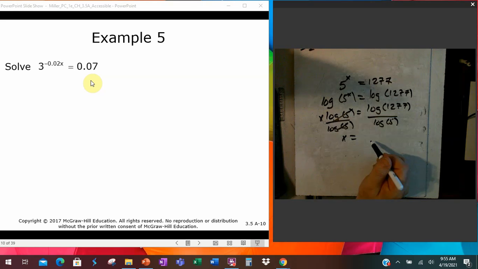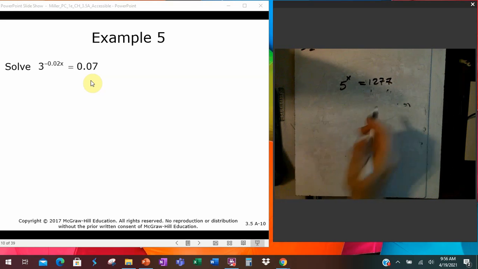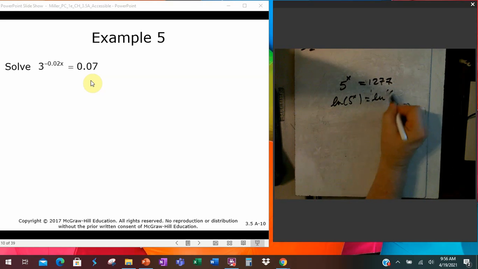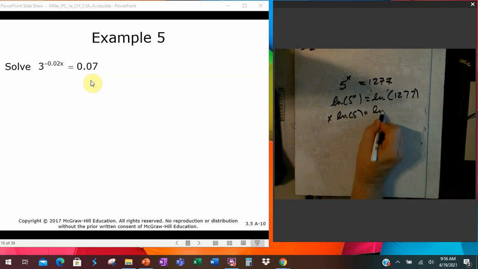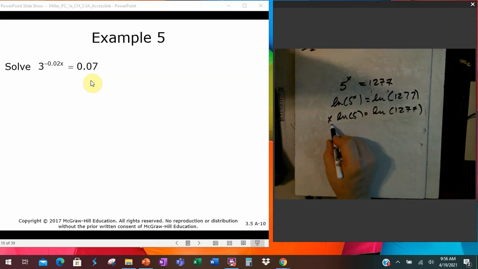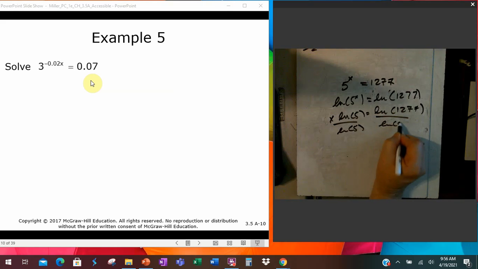What about if I'd have done an ln? X comes out front. Divide by the ln of 5, and that gives me the value of x.